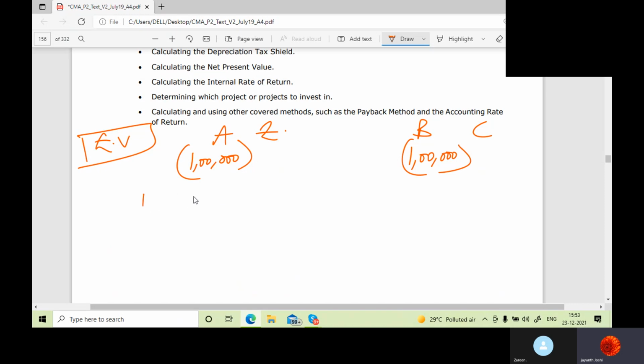The details about the cash inflows: as the production starts and the finished goods are out, you would be selling that and you would be expecting some future cash flows. So the cash flows are here. This is the year.